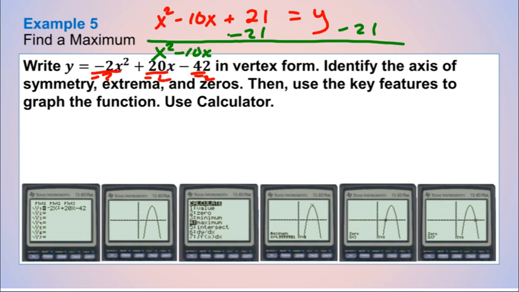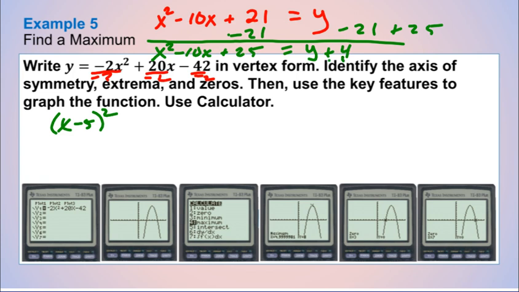Half of -10 is -5. -5 squared is 25. So plus 25, and I add 25 over here. This is going to equal y plus 4. So now I have x minus 5 squared.